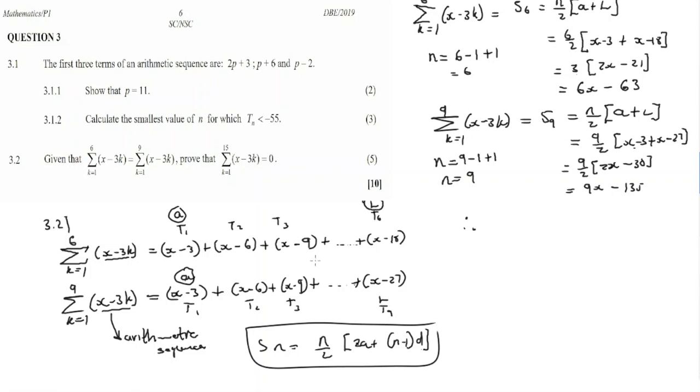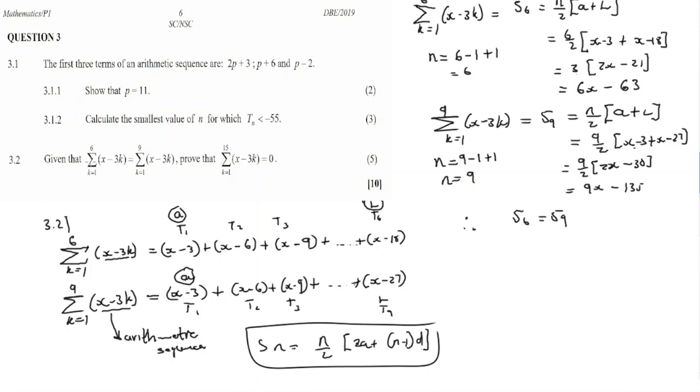So therefore mina nangibhizi solve la ne, I'm actually busy trying to set up an equation ezosinceda ukuthi isicalculate lo x. So therefore I know that S6 is equal to S9. Remember, this sum of the 6 terms for a particular series is equal to the sum of 9 terms in that same series.